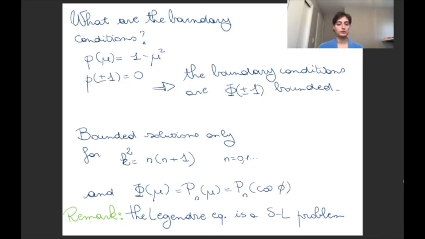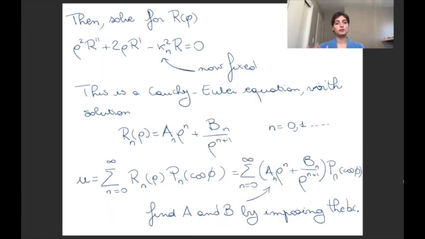We can do this, the Legendre equation is a Sturm-Liouville problem, so we have this double information, first coming from the Legendre equation part in which we solved it, and part about the Sturm-Liouville problem knowing that the Legendre polynomials are a base for whatever set of functions that satisfy the boundary conditions. So now that we have fixed k, we want to solve for R.